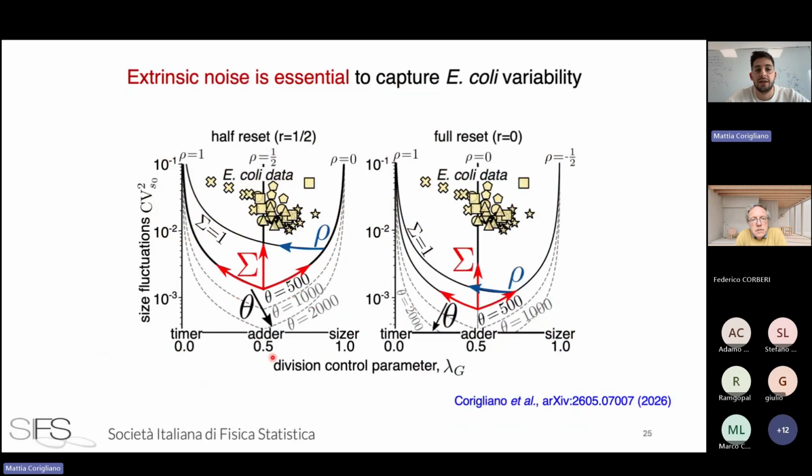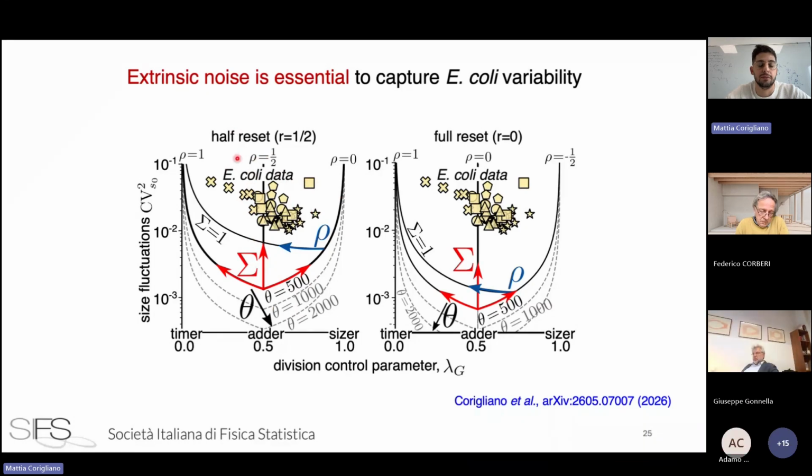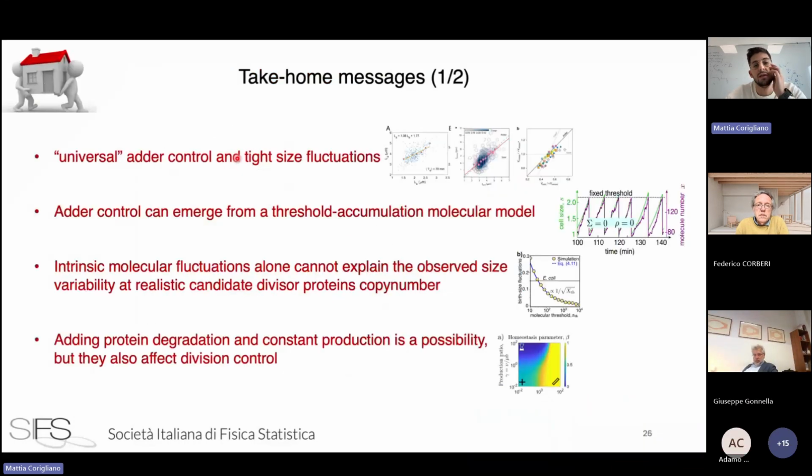And by comparing the data with the prediction of the model, we saw that you actually need these extrinsic noise sources to capture the variability you see in E. coli data.